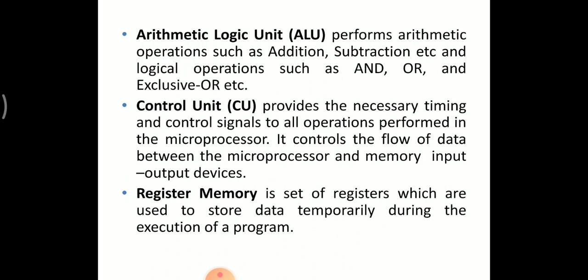Register memory. Register memory is a set of registers which are used to store data temporarily during the execution of program. Register memory is a small size and fastest memory inside the microprocessor.